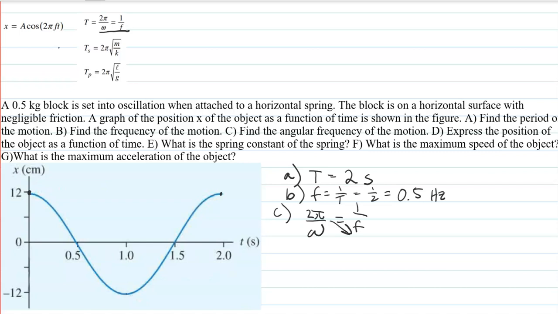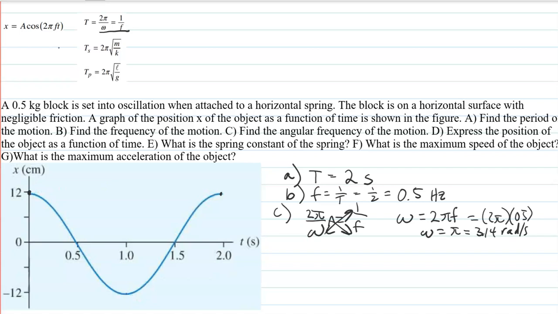So I'm going to do what I did in another video and cross multiply. So it's going to be omega equals 2 pi f. So omega is just going to equal pi, or 3.14 radians per second.